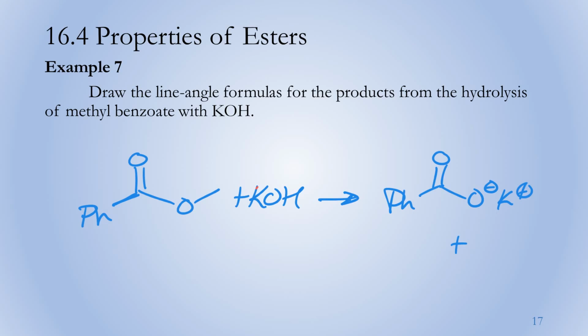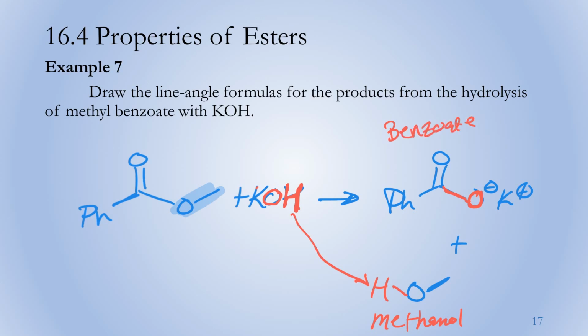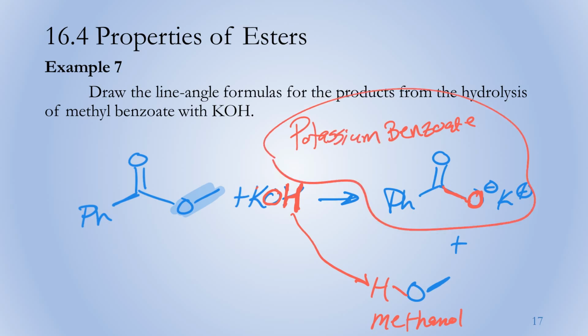Let's make this OH red, and then that would be this right here, and then you would get, I'll highlight it here, you'd get that methoxide ion, but it's going to have the hydrogen on it, so you get O, and then the H from right here is that hydrogen, so you'd get methanol and this benzoate ion, or technically potassium benzoate would be the name of that whole ionic species right there.